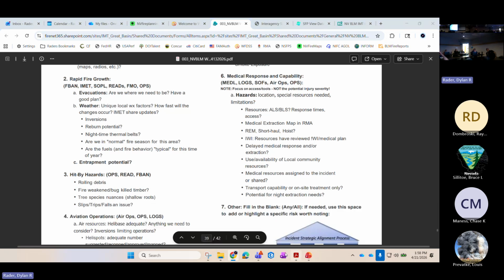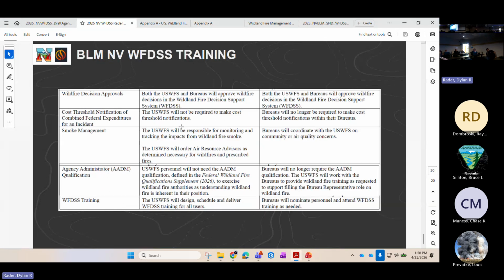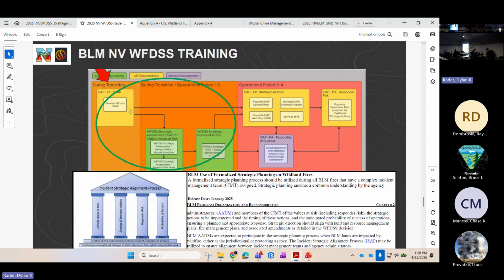So Tyler talked about the time frame. I'm going to go back to that presentation I gave earlier, just because this graphic right here is what this is talking about. I know it's hard to read back there, but this is during transition. This is operational periods 1 to 2, operational periods 3 to 4. And like Tyler was talking about, to set a team up, you have to have all this information ready for them on day one.